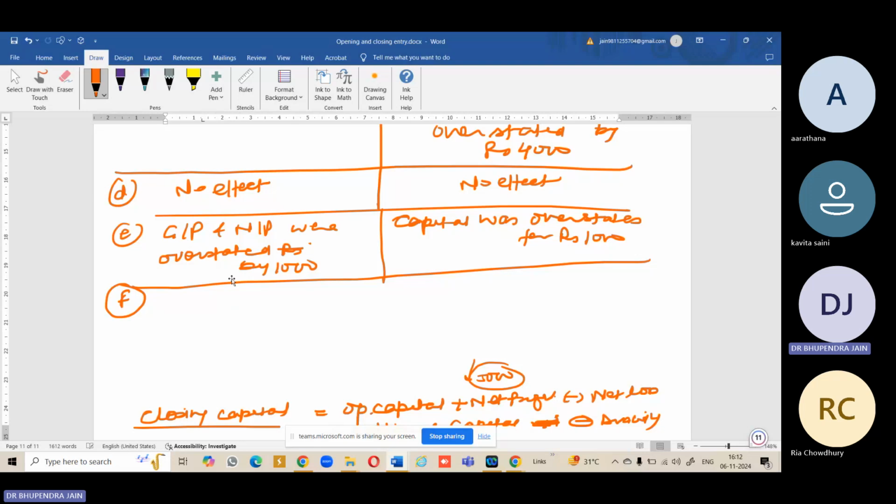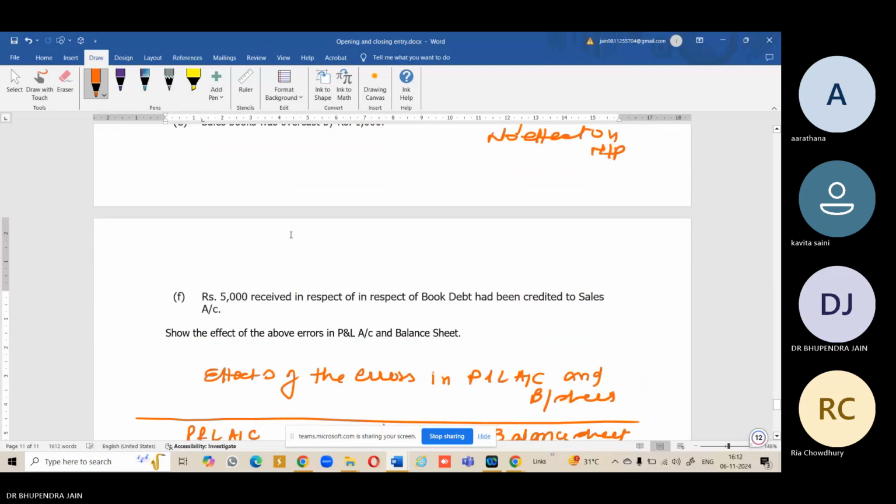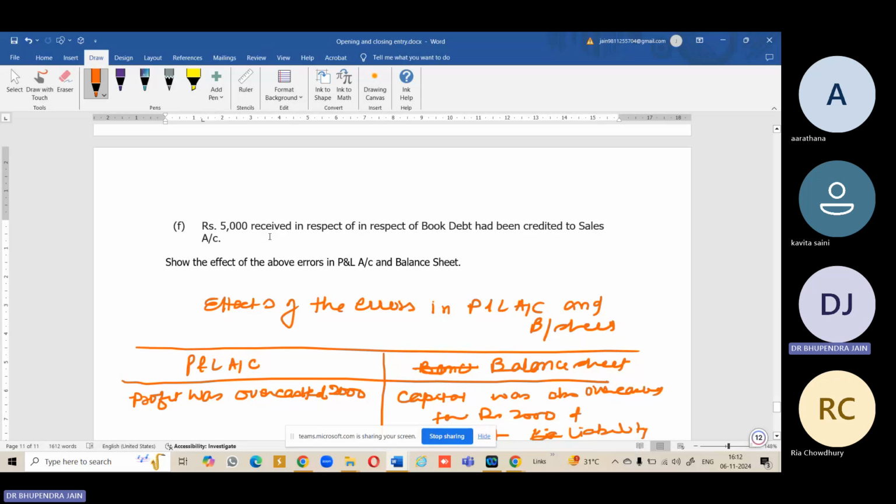Last transaction is F. 5,000 received in respect of book debt on a debtor has been credited to the sales account.